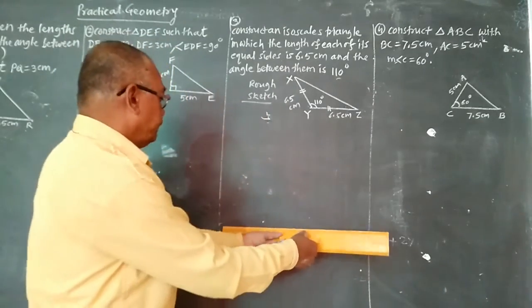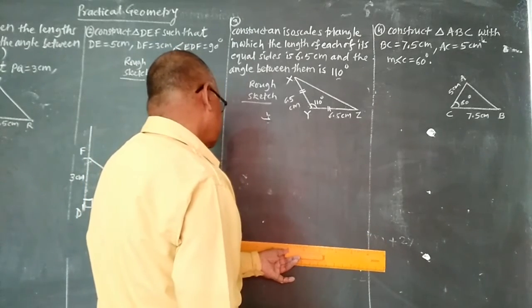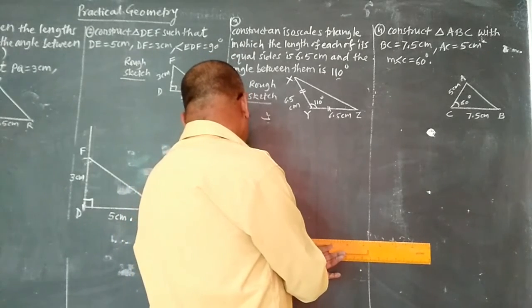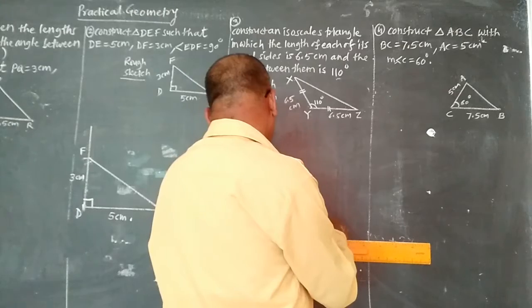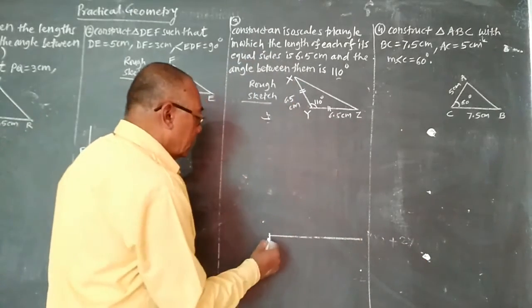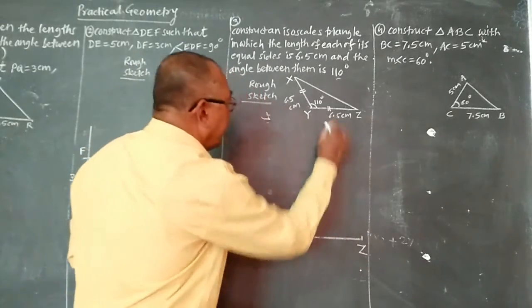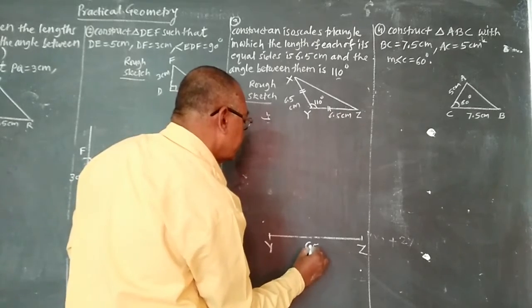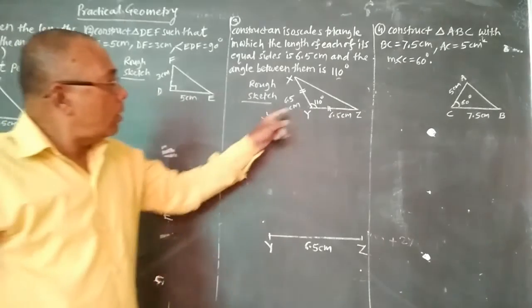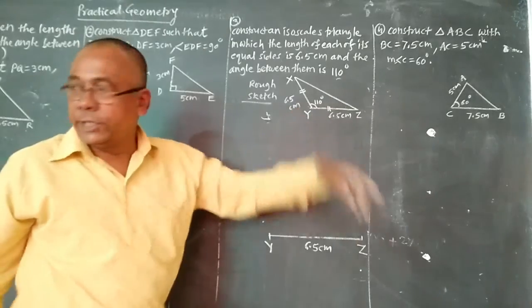So this is the YZ side of length 6.5 centimeter, and now we have to draw the angle of measure 110 degree.